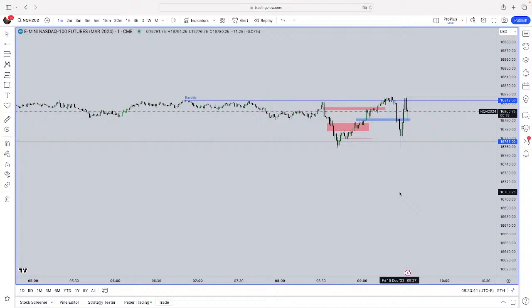Did that make sense, by the way? About the entry models. There are different types of entry models. There's one called the Silver Bullet, which is between a certain time in the day. So there's multiple.